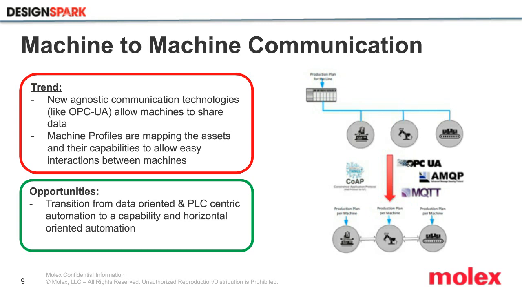Besides OPC UA, some additional protocols like MQTT, which is a very simple protocol to share values between devices, are also emerging. But the main train stays on OPC UA.